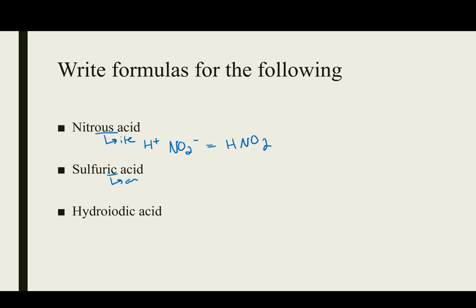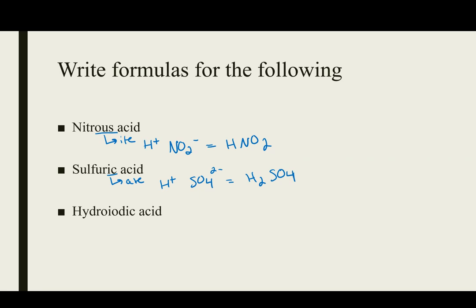Sulfuric acid, that ic tells me my polyatomic ion is ate. So I have hydrogen with sulfate, which is SO4 with a -2 charge. So I need 2 hydrogens to cancel out the charge of the sulfate.